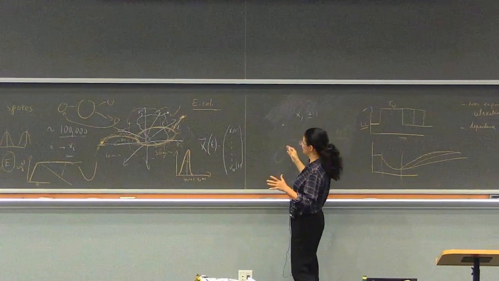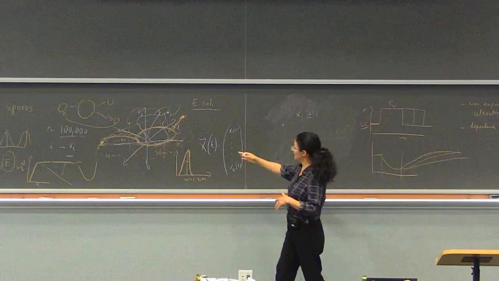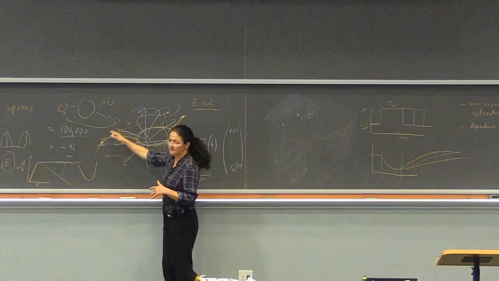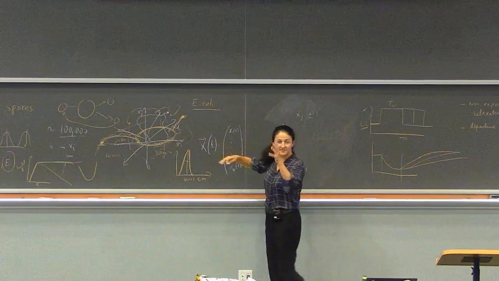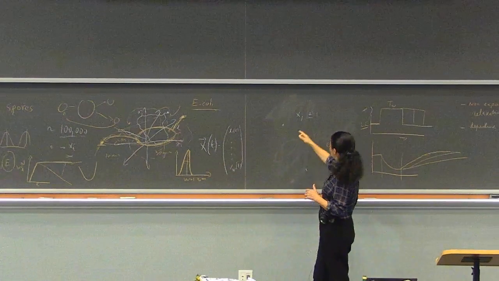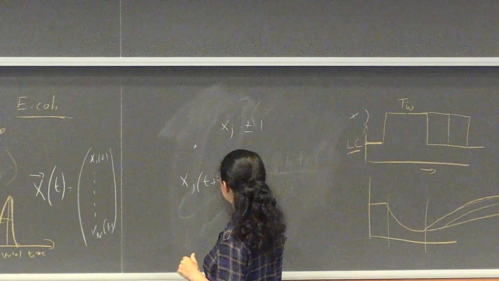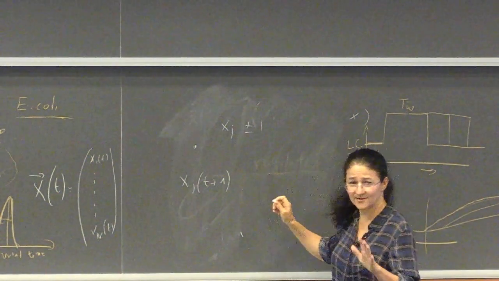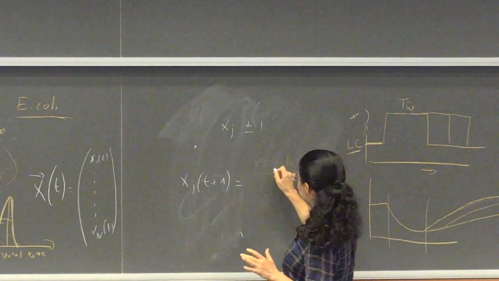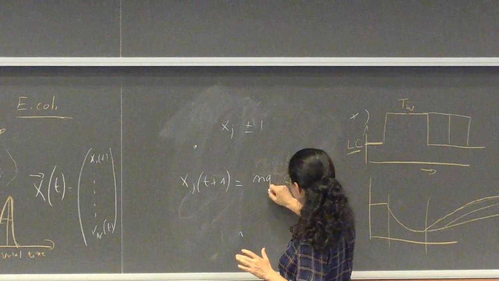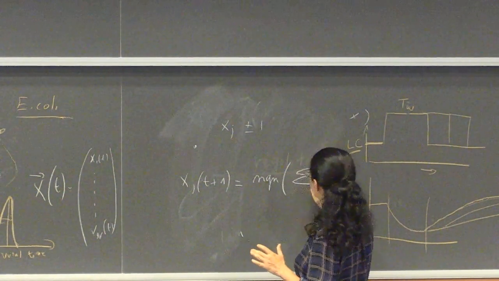And the dynamics that we described for going into this high-dimensional space of all the components in the state is very simple. We take discrete time, Glauber dynamics, so Xi at t plus 1 is just the sign of a majority rule.